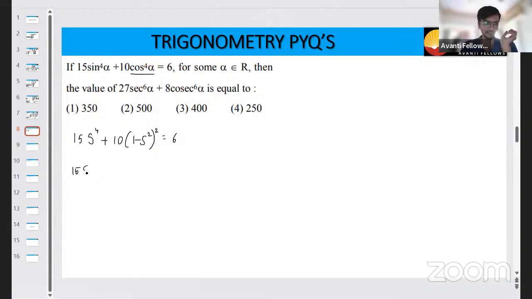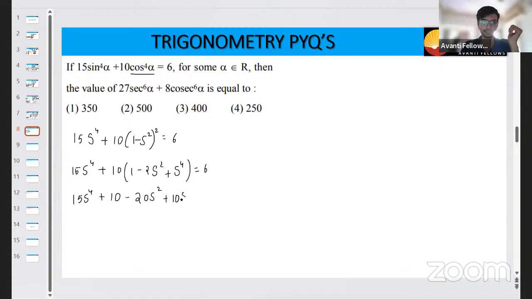So 15 sin raised to 4 plus 10 into a square minus 2ab plus b square equals to 6. So 15 sin raised to 4 plus 10 minus 20 sin square plus 10 sin raised to 4 equals to 6.